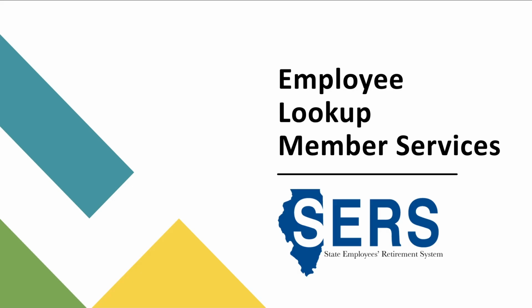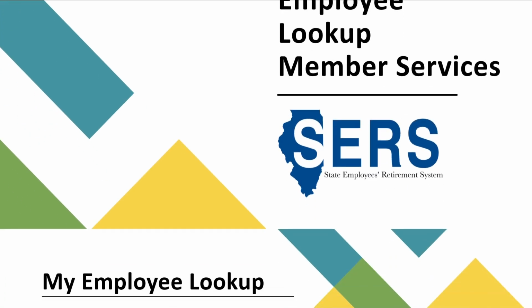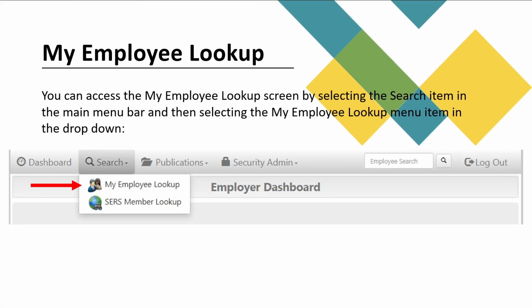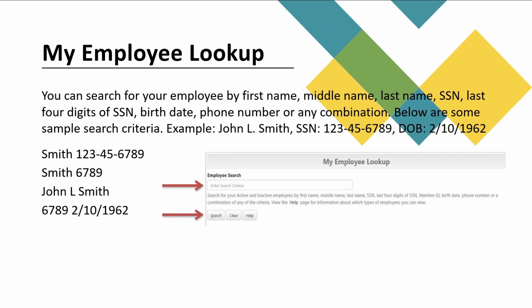Then we're going to talk about the employee lookup in member services. So again, on your main page, you can do a search, my employee lookup. Again, anytime you're searching a person in our database or through your member services, through your employer services functions, you can always use name, name and last four, the full SSN, member ID number, any combination that will designate or determine that employee.